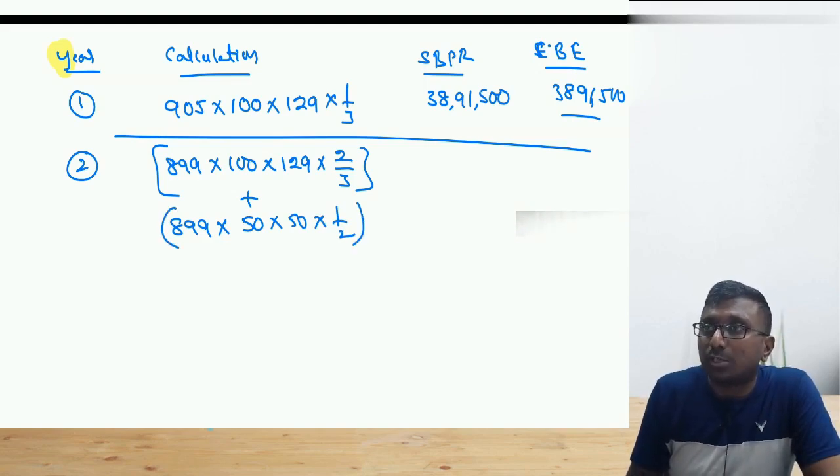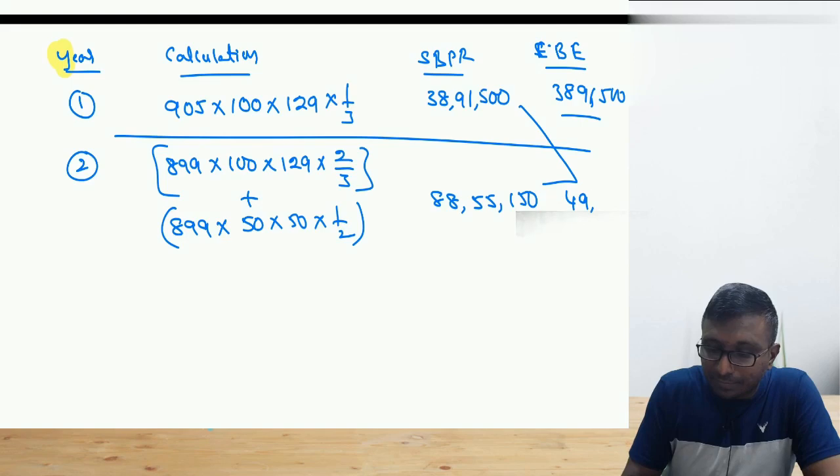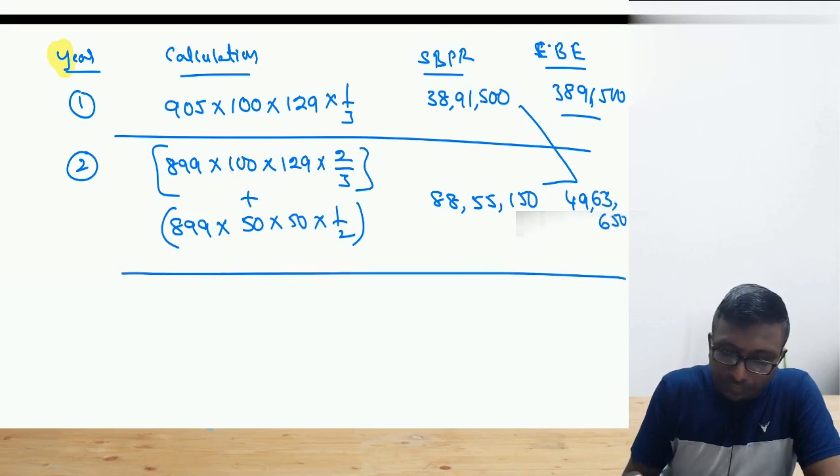Correct, right. How much number? 88 lakh 55,150. The difference amount is 49 lakh 650.